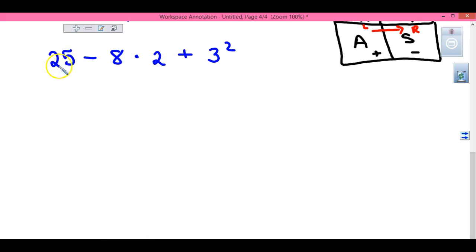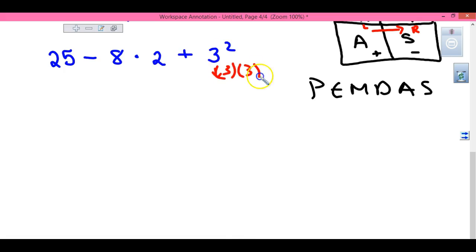If we have the problem 25 minus 8 times 2 plus 3 squared, using order of operations, what is the first thing we have to do? Exponents. So 3 squared means 3 times 3, 9. What would we do next?